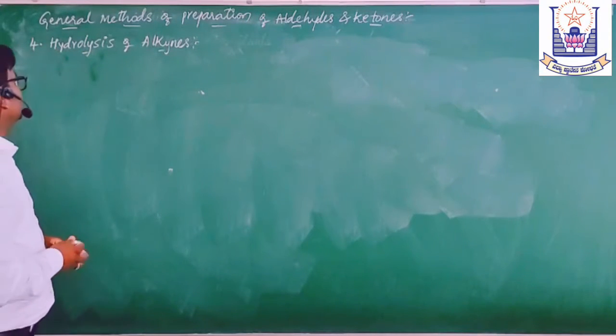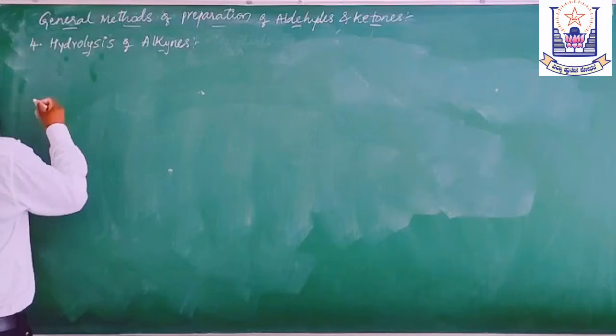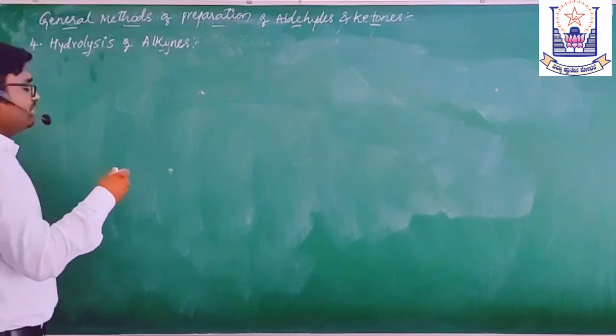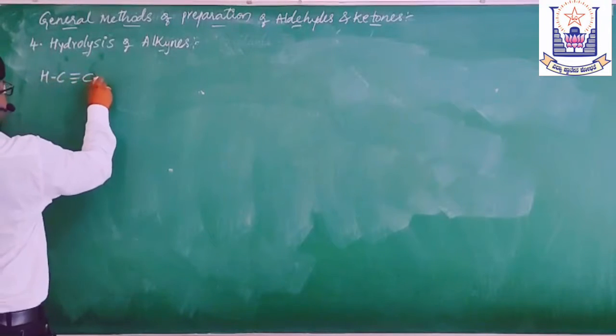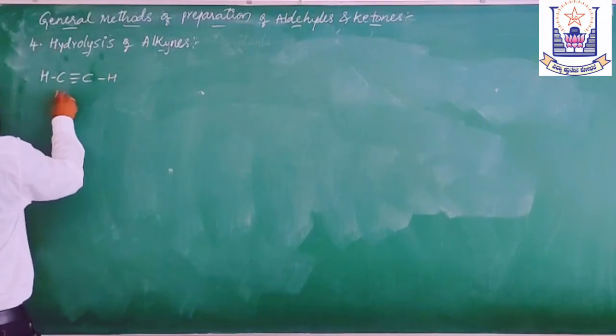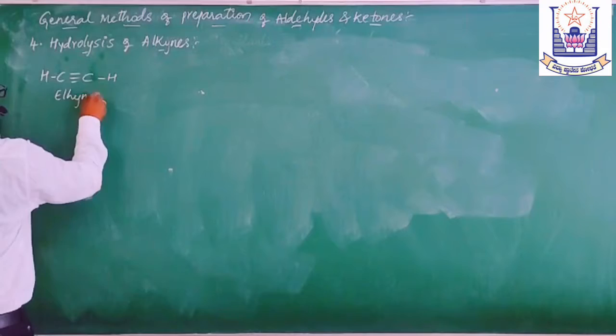Let us consider the hydrolysis of ethyne, HC≡CH. What is this called? Ethyne.